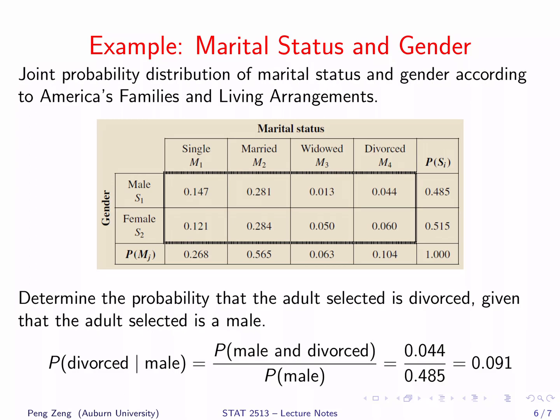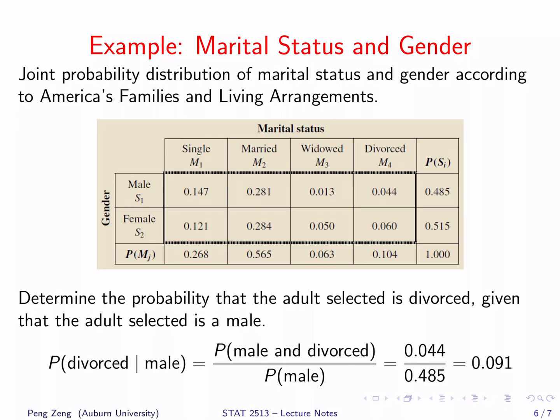Because we only know the joint probabilities and the marginal probabilities, we apply the formula we just discussed. The numerator is the probability that both events occur. Here, it is the probability of male and divorced, or the joint probability of male and divorced. Check the table. The value is 0.044.